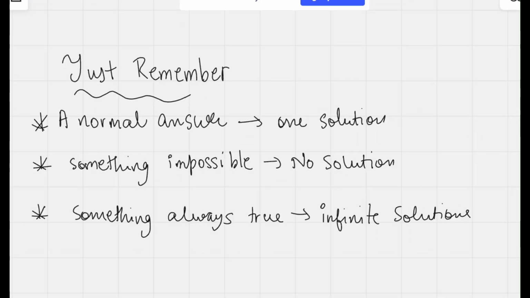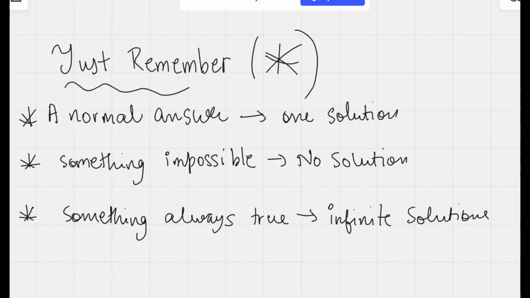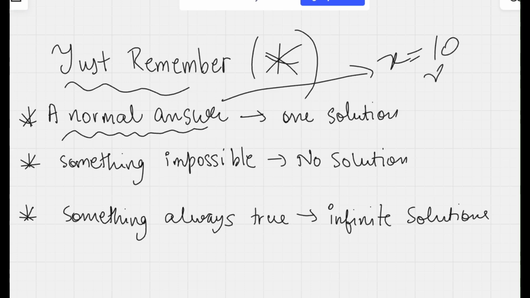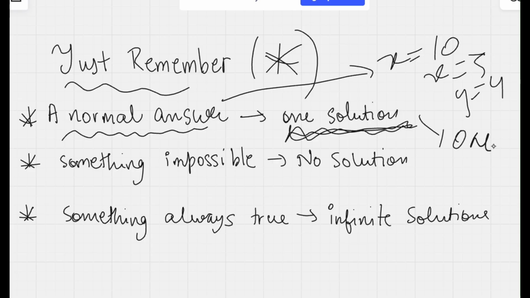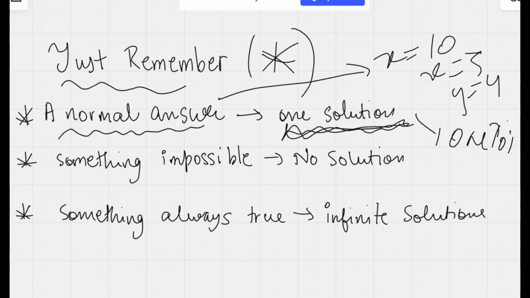Now, just a reminder, just remember if you can, we'll come back to the video if you like me that much. So, when a system has a normal answer, by normal answer, I mean like x equals 10, x equals 5, y equals 4, that means that we have one solution, meaning one POI, point of intersection.